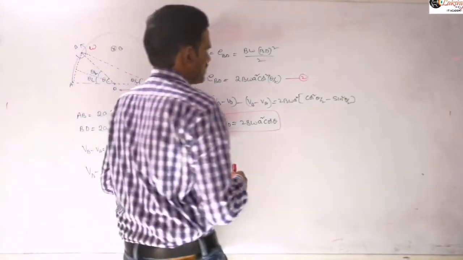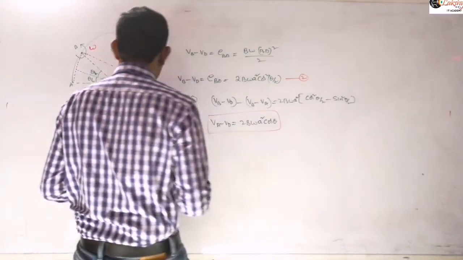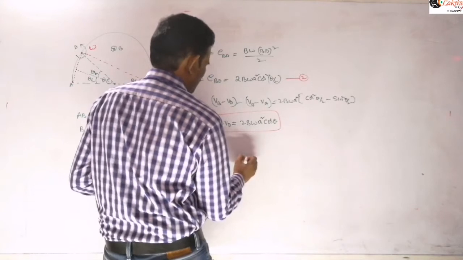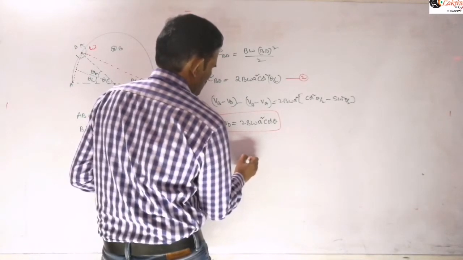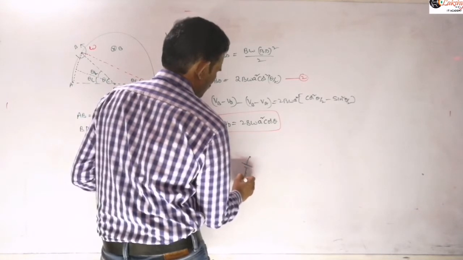Now let us do that part here. I am drawing the closed circuit like this. B is the higher potential for this part, and this has some resistance.